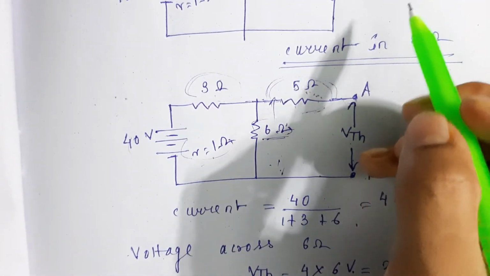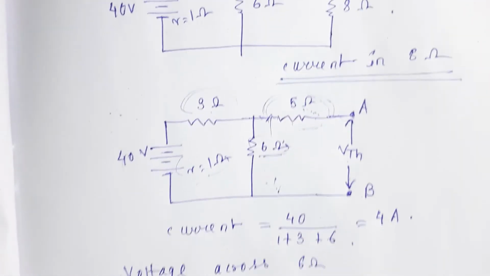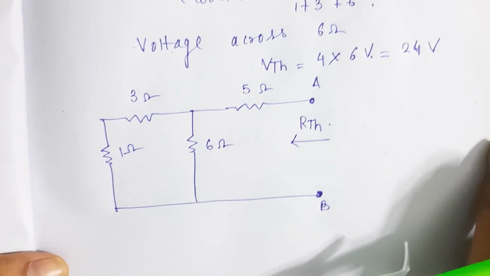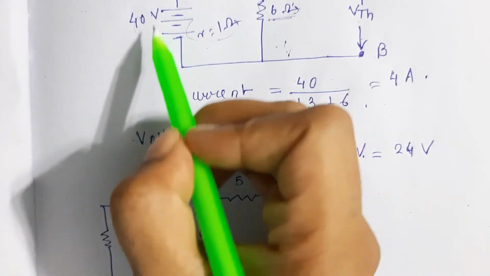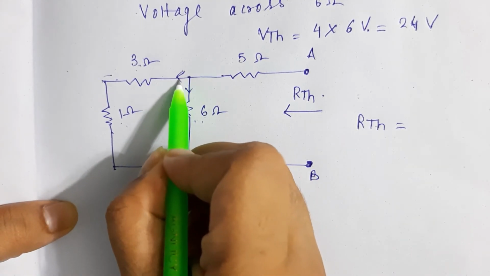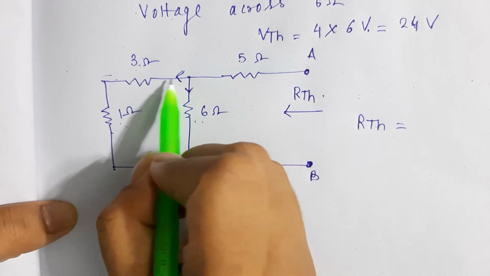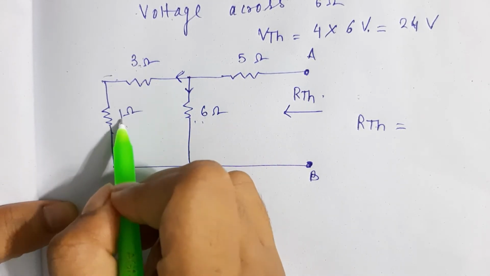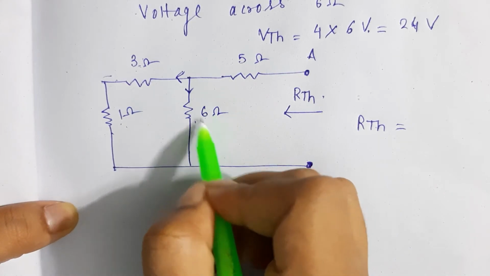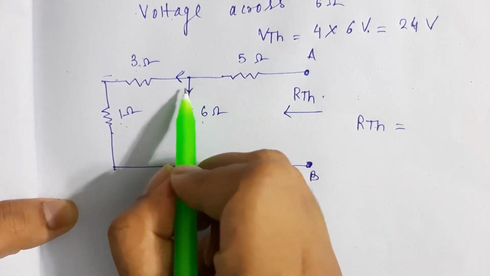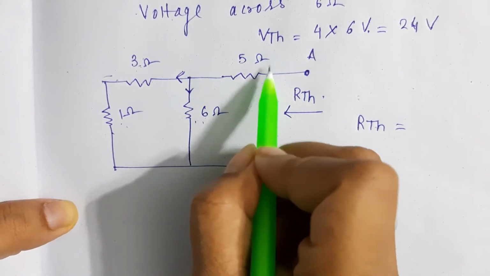We will definitely remove the 8 ohm which we had, and we will replace the battery by its internal resistance of 1 ohm. Here we had 40 volt, but we will not take that. Here 3 and 1 ohm are in series, so it will be 4 ohm, and that will be parallel with the 6 ohm. And this will be in series with 5 ohm.